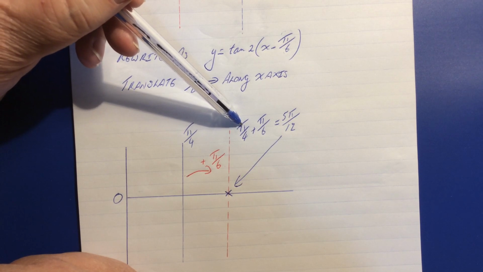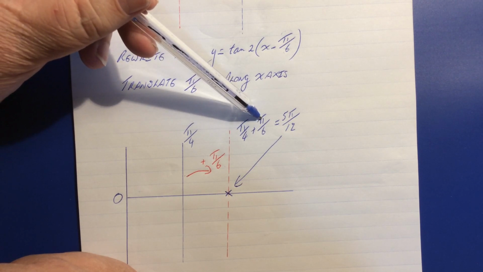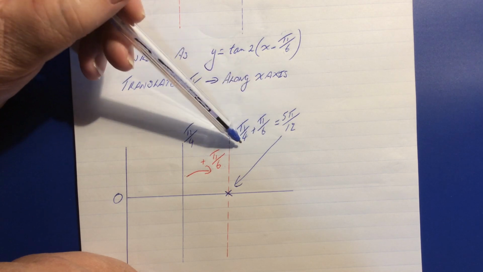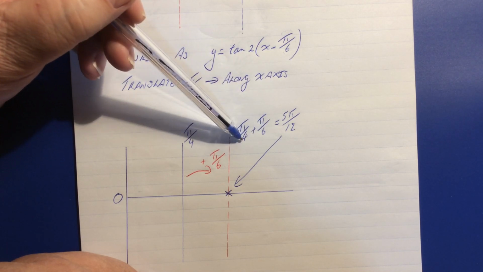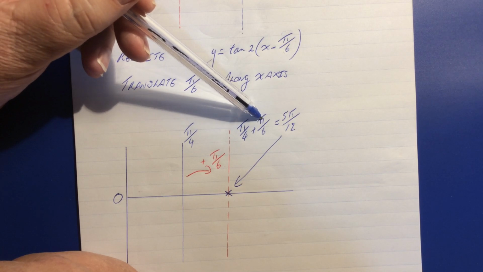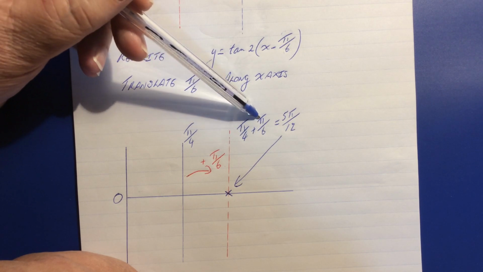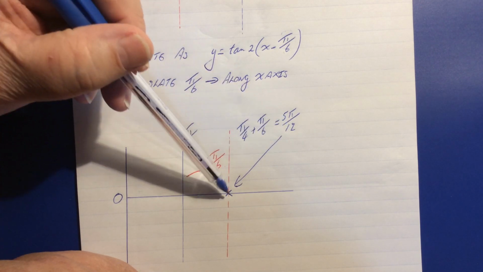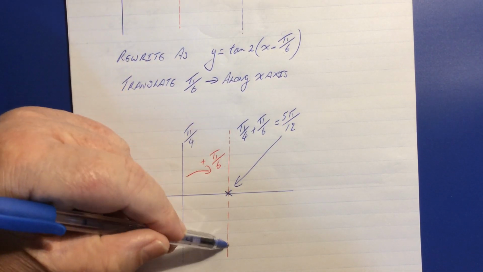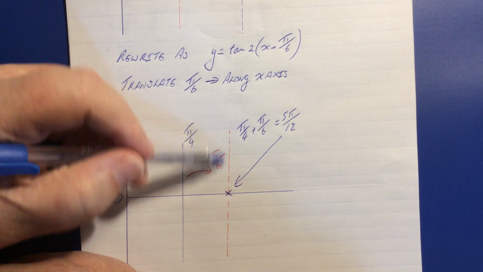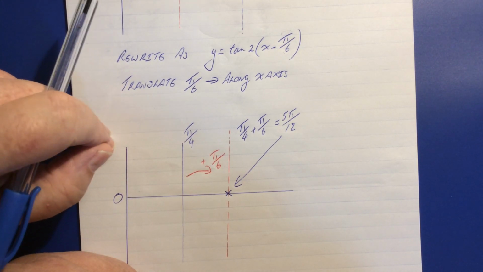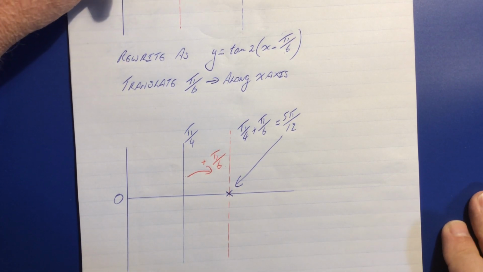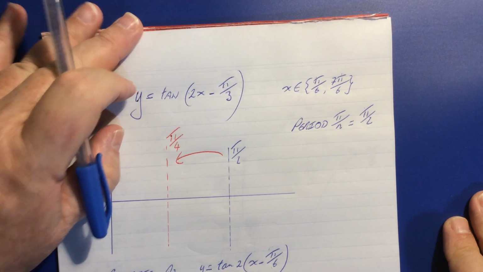Well, it's pi on 4 plus pi on 6, which gives us 5 pi on 12. 6 fours are 24. 4 plus 6 gives us 10 pi on 24, which gives us 5 pi on 12. 5 pi on 12 is where the first asymptote on this graph will be, and I can then work with that to get what the rest of the graph looks like.